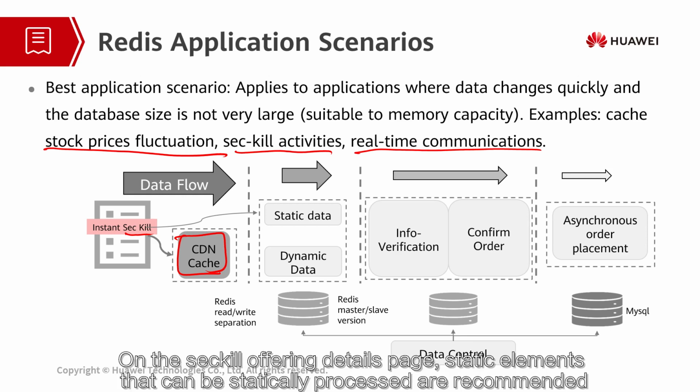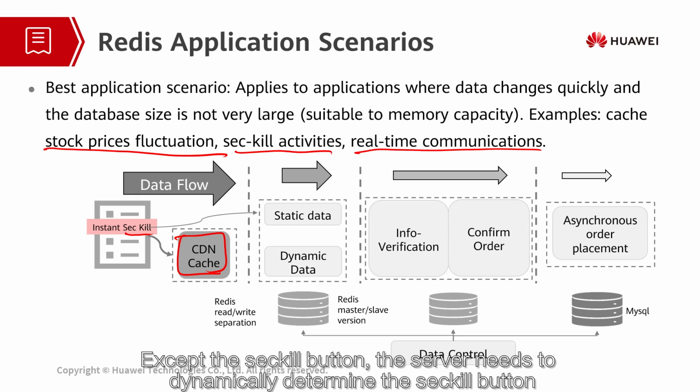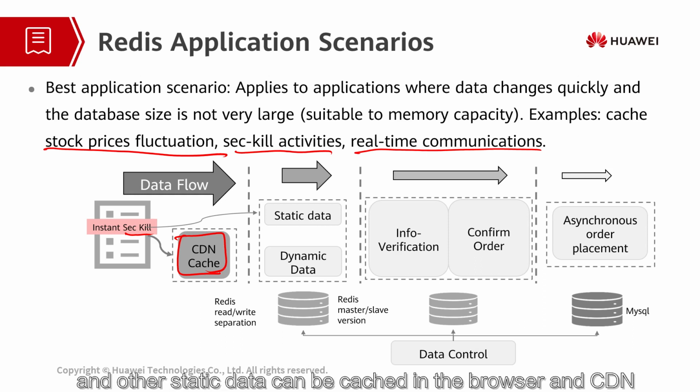On the set queue offering details page, static elements that can be statically processed are recommended. Except the set queue button, the server needs to dynamically determine the set queue button, and other static data can be cached in the browser and CDN.